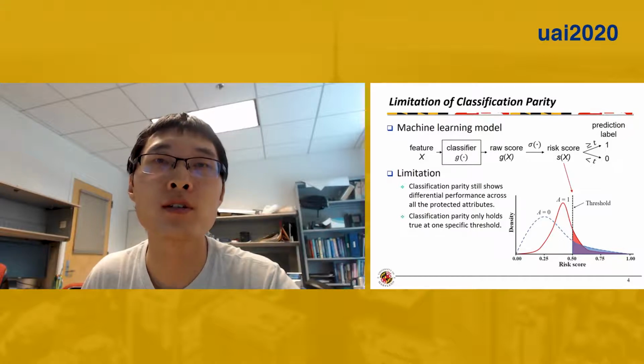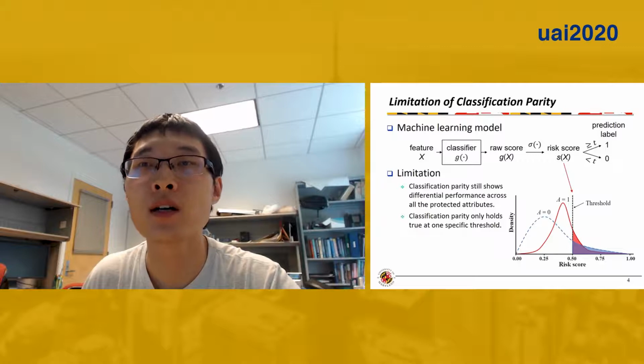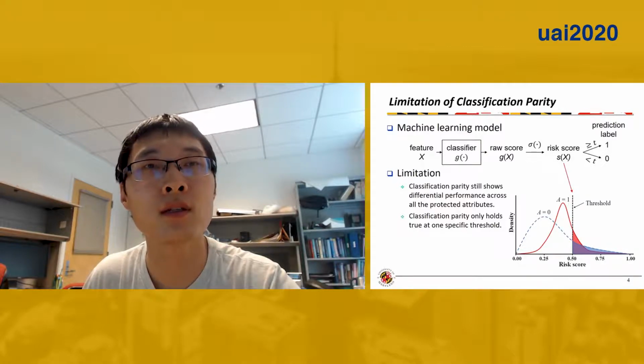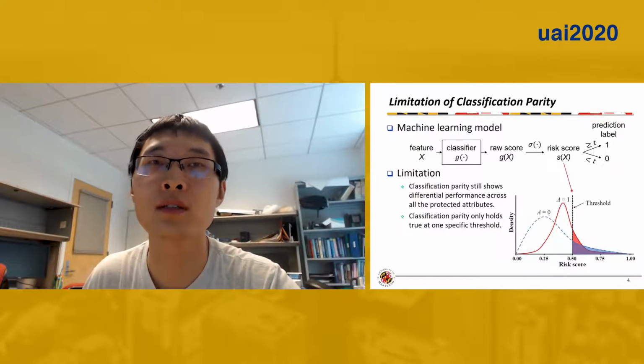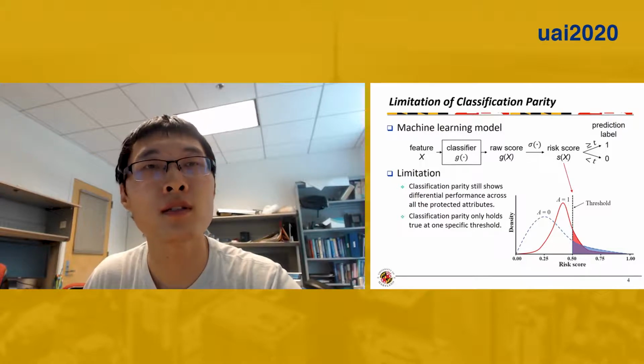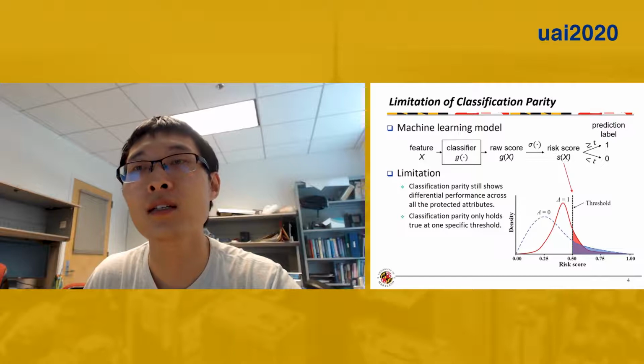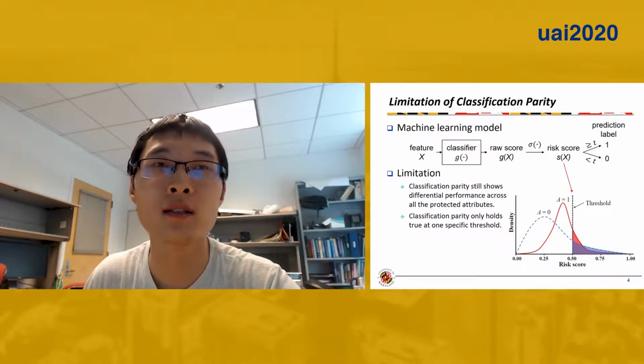However, there are limitations in classification parity. In the machine learning model, the classifier G maps the input feature X into a risk score. Then a binary prediction label is obtained via thresholding. The bottom right figure shows an example of the risk score distributions of two groups. In the DP case, the highlighted regions are equal to guarantee equal selection rates.